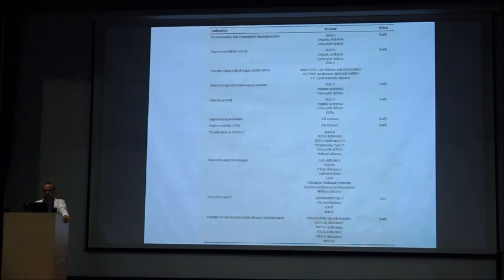So this is a summary of indications, disease, and when to offer transplantation. Usually the goals are to prevent or reduce the risk of metabolic decompensation, improve metabolic control, prevent or reduce organ transplant complications, improve long-term neurological outcomes, improve growth, reduce disease burden and improve quality of life, prevent ALF or recurrent acute liver injuries, treat end-stage liver disease, treat liver cancer, and attempt to treat an unsuitable disease in selected cases.